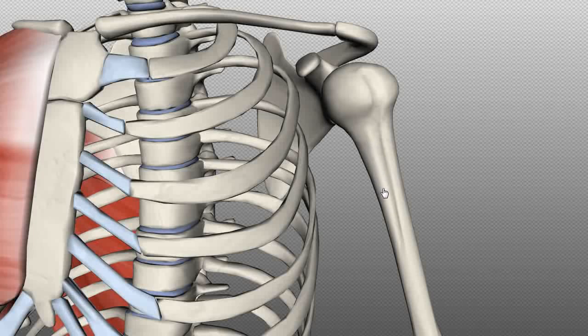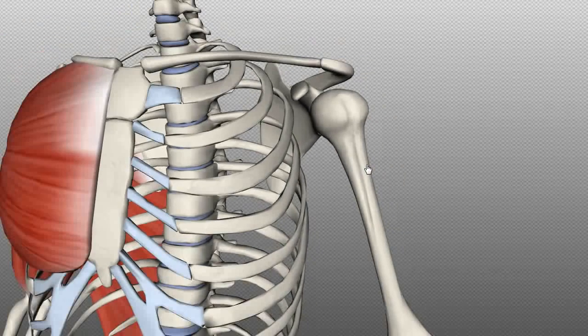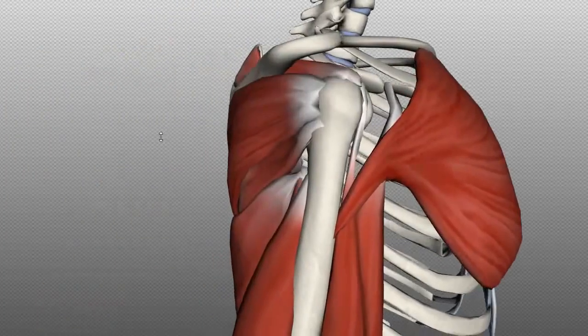A way of remembering that is the mnemonic, the lady between two majors. Lady L, latissimus dorsi, lies between the two majors, so pectoralis major and the teres major. The latissimus dorsi runs in the floor of the intertubercular sulcus between the pectoralis major and the teres major.